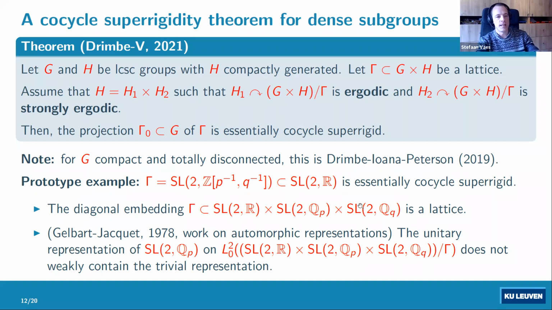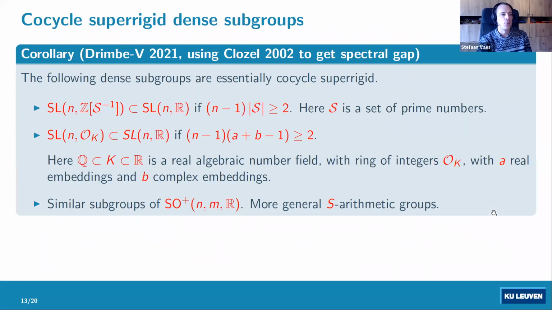Now, of course, this is more like an example. This fits into a broad class of examples, and let me just quote you a few. Of course, you would then need more than the old work on automorphic representations, and actually you have to go all the way to Clozel's proof of property tau in high generality for such arithmetic lattices, and then you can cover all kinds of inclusions.